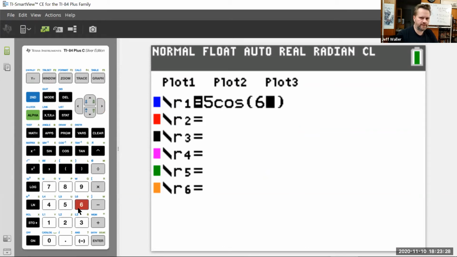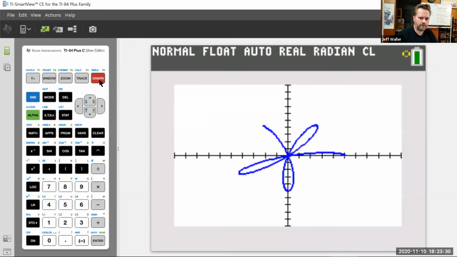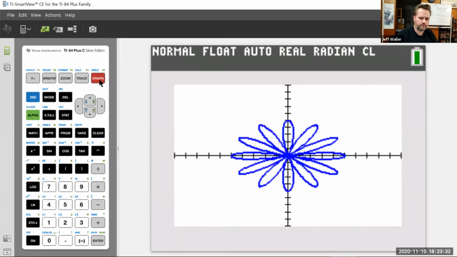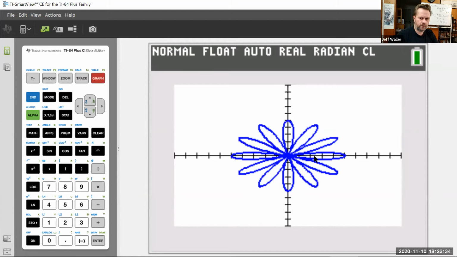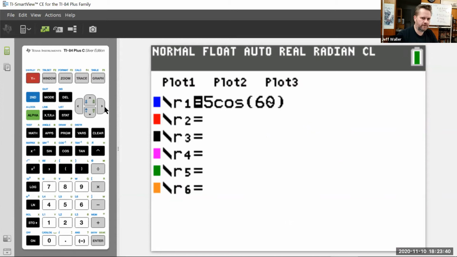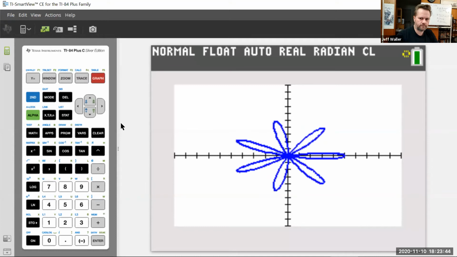If I put 6 in there, I get 1, 2, 3, 4, 5, 6, 7, 8, 9, 10, 11, 12. But if I put 7 in there, see how it came around and started overlapping itself? It will overlap itself for odd numbers. It won't overlap with itself for even numbers.